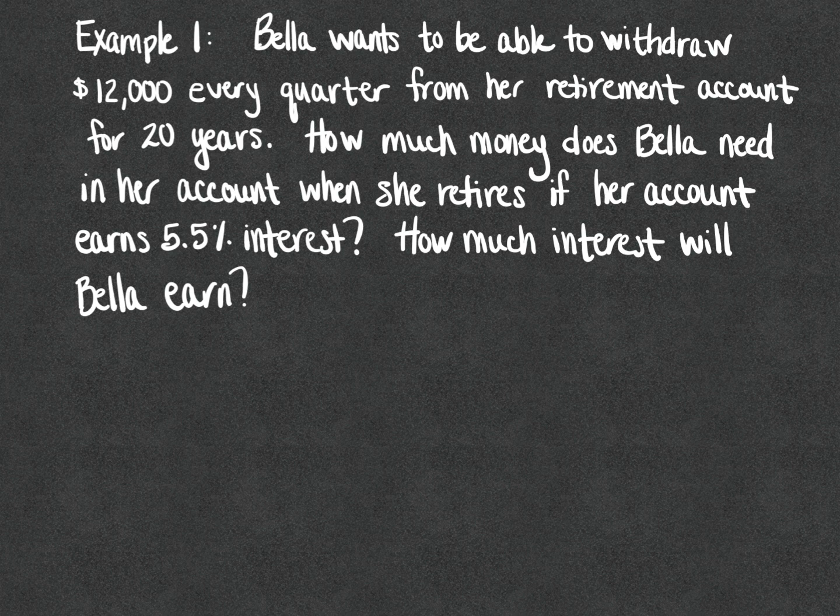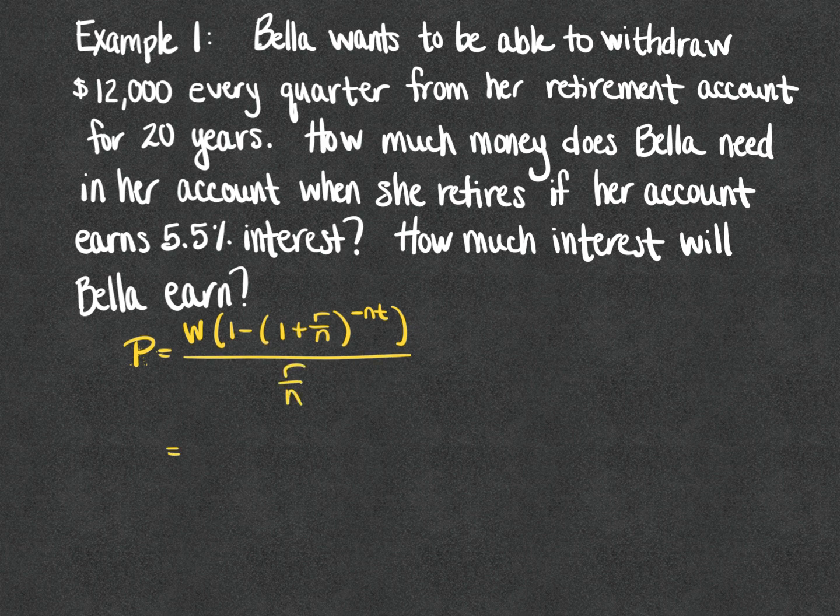So again, going back to our formula. Oops, sorry. That's a P, not an A. All right, so principal is the withdrawal amount times 1 minus 1 plus R over N to the negative NT power, divided by R over N. So the withdrawal amount is the $12,000.